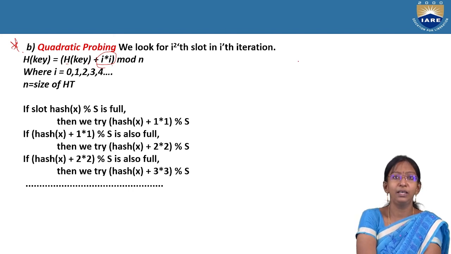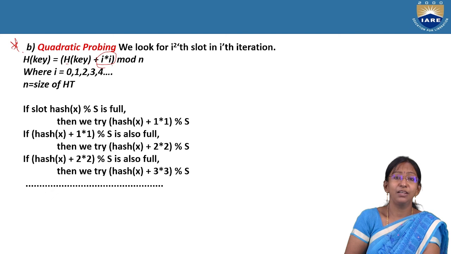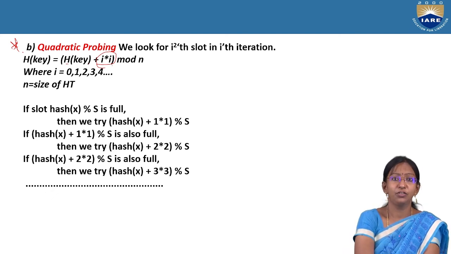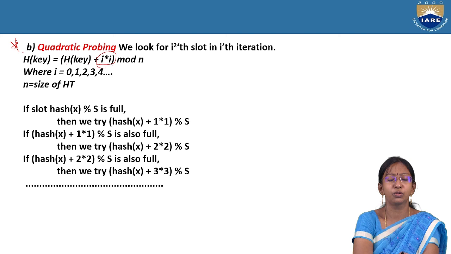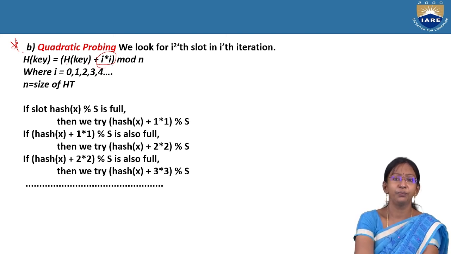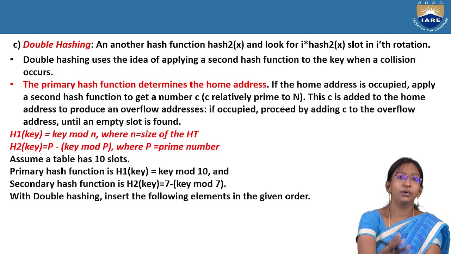Initially with 0 only, go for the straight value of hash of key mod n, where n is generally the size of the hash table. If you find a collision, change 0 to 1, 1 square. If you still find a collision, 2 square, then 3 square; you can extend it to any length.